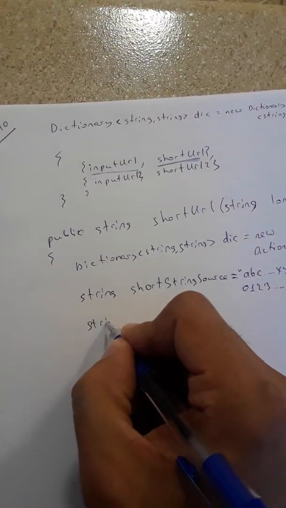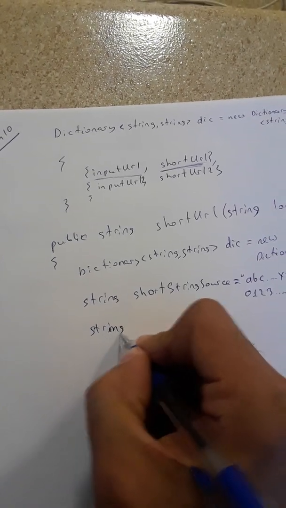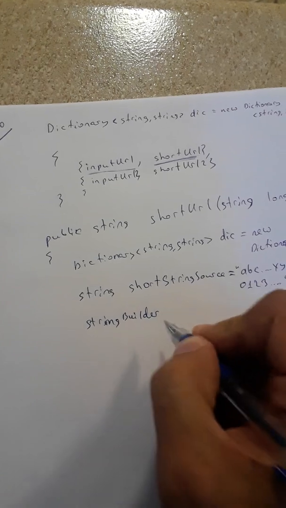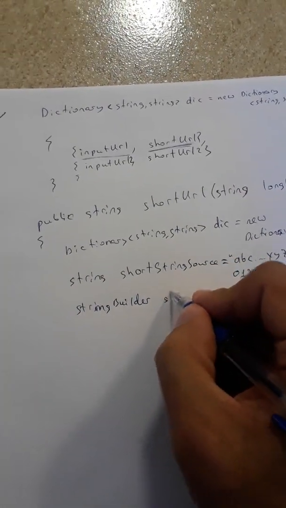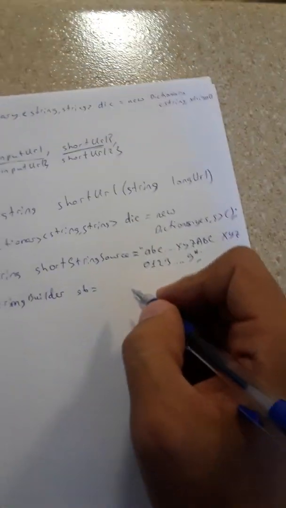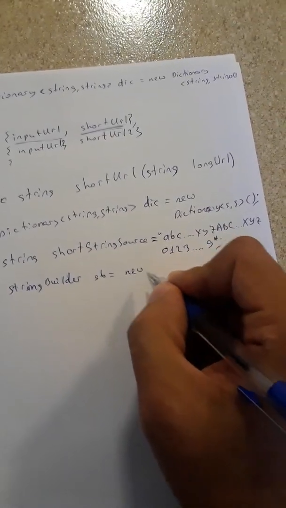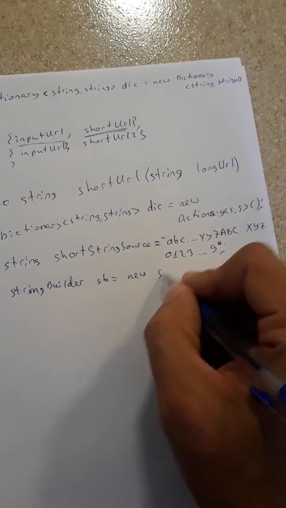Also I will need a string builder, in order to use it in my URL generator, since it can be modified, unlike the string itself.